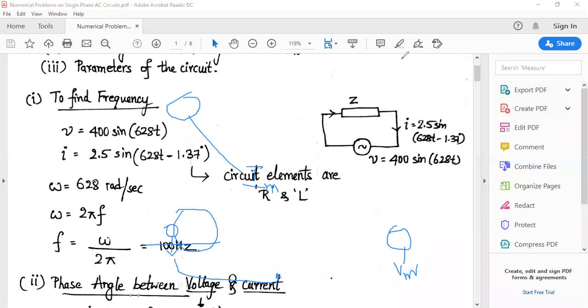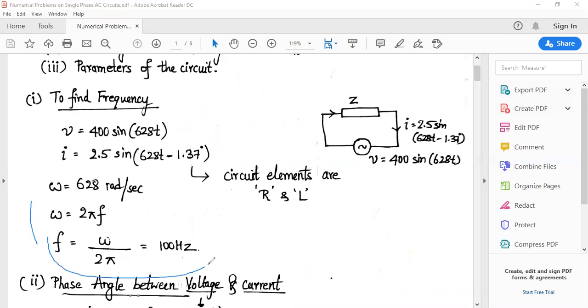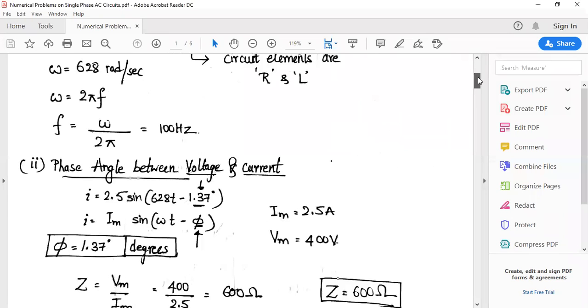So now what you can generally see here is, omega, as I told you, so you have frequency as omega divided by 2 pi, which is 100 hertz. So this is what you get as a frequency. So next, what you can go ahead with is the phase angle between the voltage and the current.